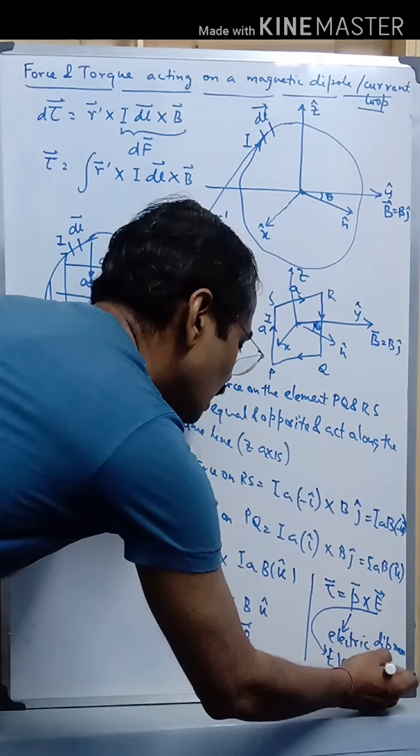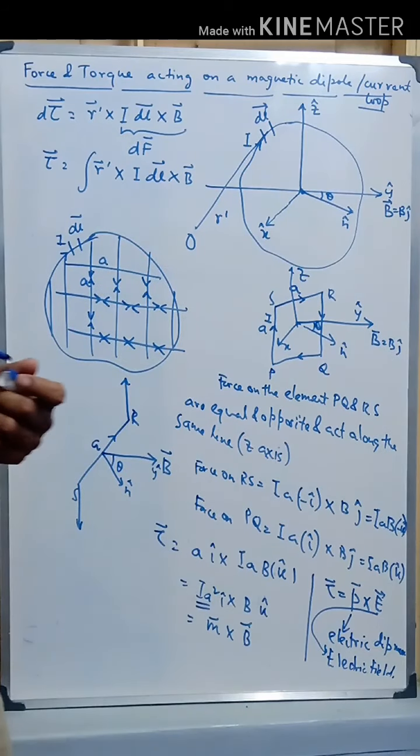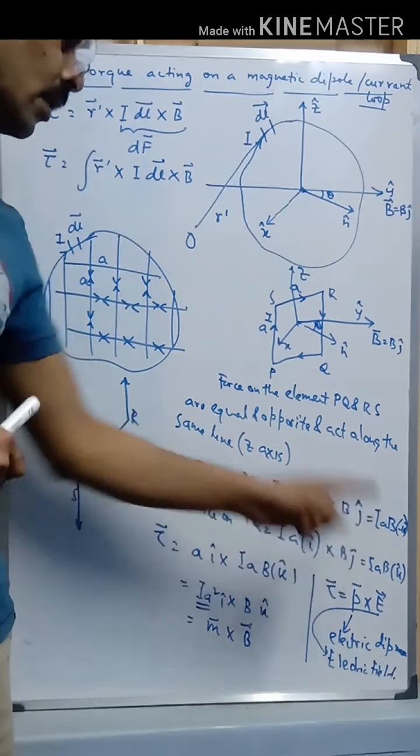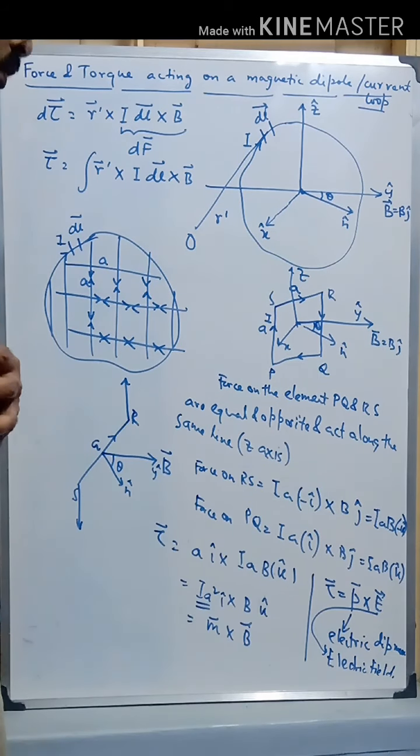So we get a sense of deja vu: the torque in the case of electrostatics was P cross E, and here in the case of magnetostatics it becomes M cross B.